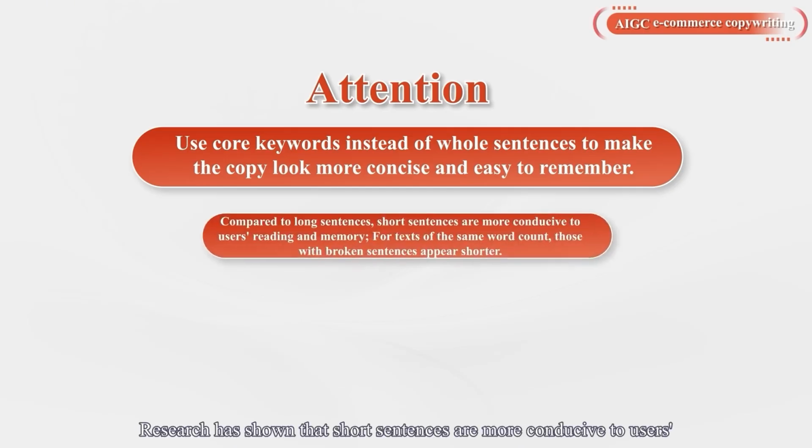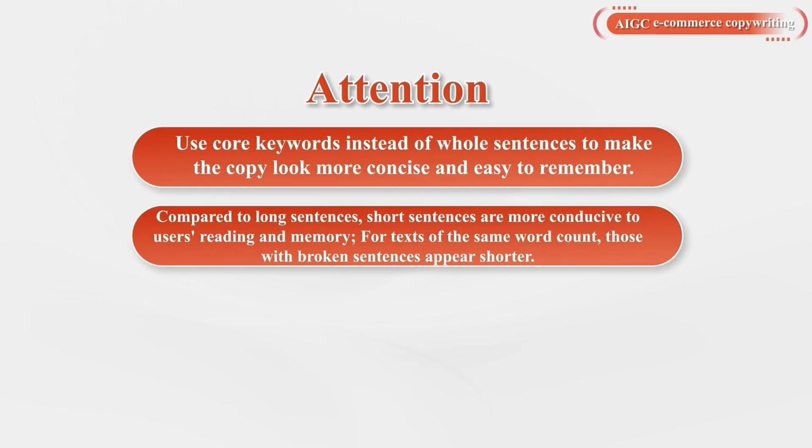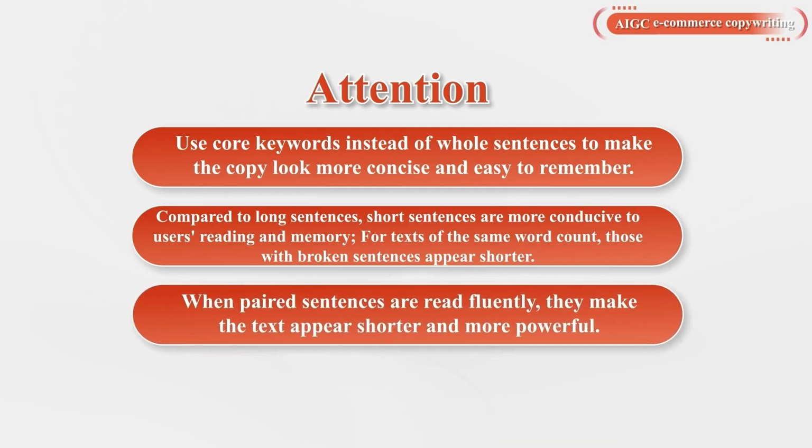Research has shown that short sentences are more conducive to users' reading and memory compared to long sentences. For activity poster copy with the same word count, those with punctuation appear shorter. In addition, if the couplet reads fluently, it will make the copy appear shorter and more powerful.